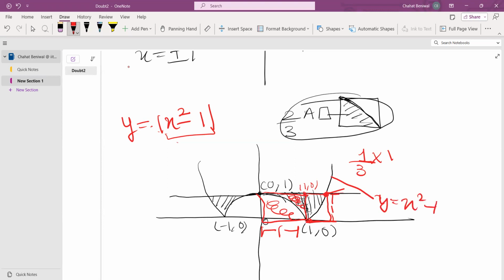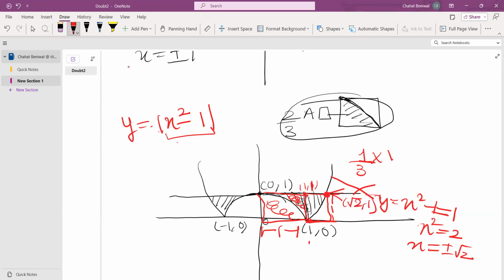And we need to find this coordinate, so we equate it with 1 because this line is y is equal to 1. So x square is equal to 2, so x is going to be plus minus root 2. We have to consider plus because we are in the first quadrant. This is not 1 comma 0, it's 1 comma 1, I'm sorry. And this is root 2 comma 1 because it's at the height of 1.